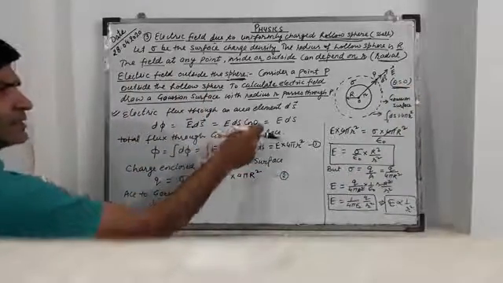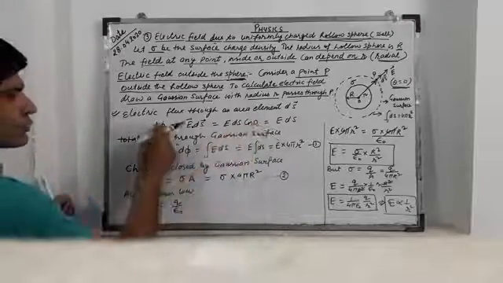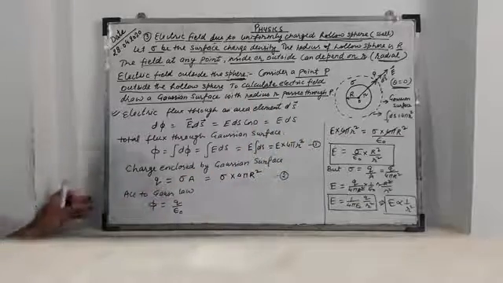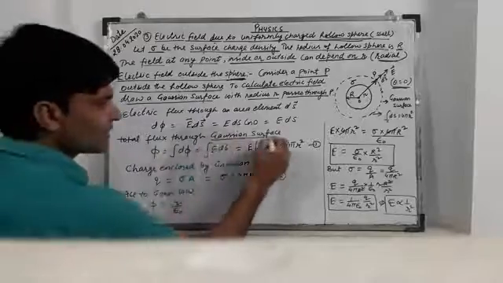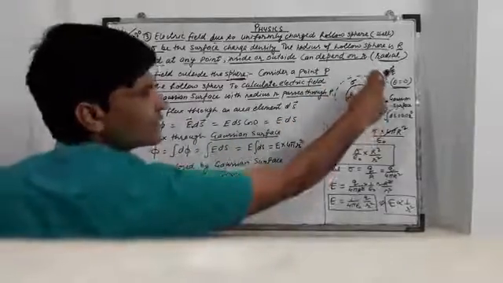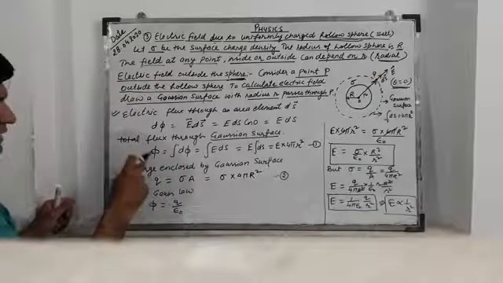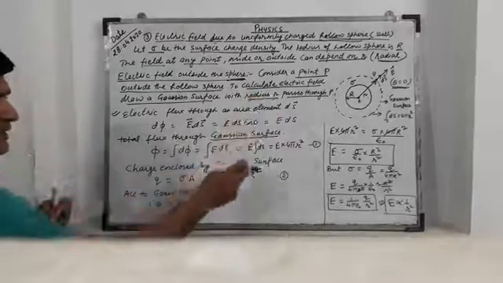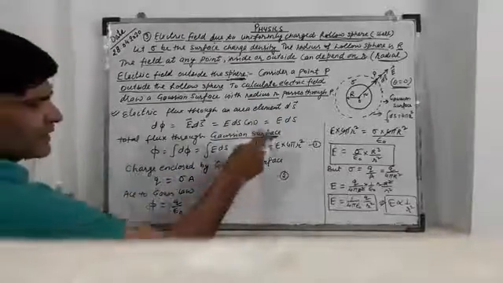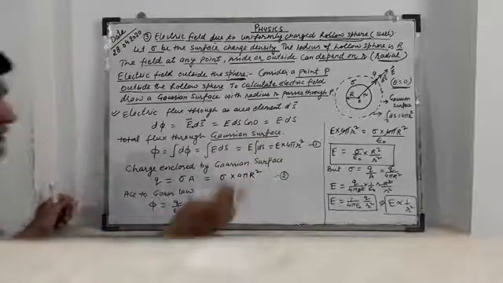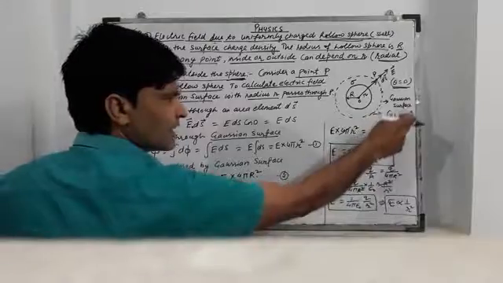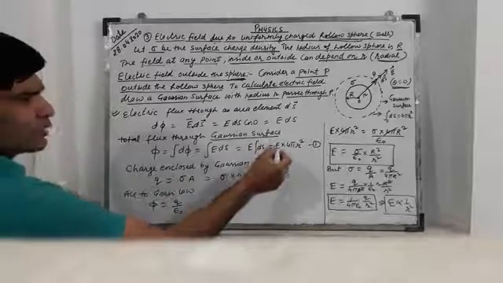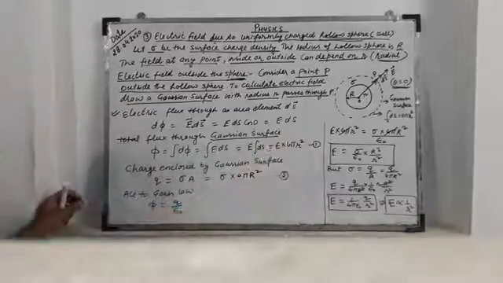Then E ds cos 0, and cos 0 is 1, so d phi is equal to E ds. Then the total flux through the Gaussian surface, that is a sphere with radius small r, is phi equal to the integration of d phi, that is E ds, but E is constant, so E times the integration of ds. The surface area of a sphere is 4 pi r square. So phi is equal to E into 4 pi r square.